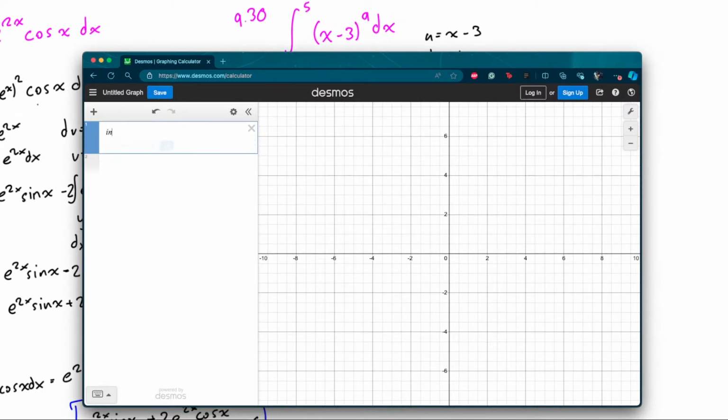Yeah, that's what I'm saying. The integral from 3 to 5 of x minus 3 to the 9th dx is 102.4.